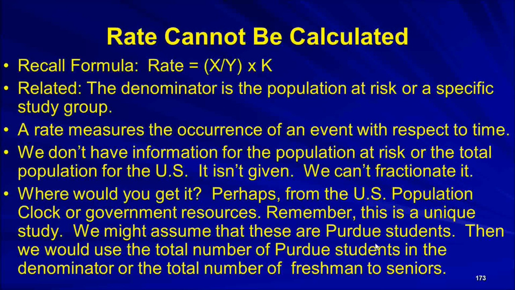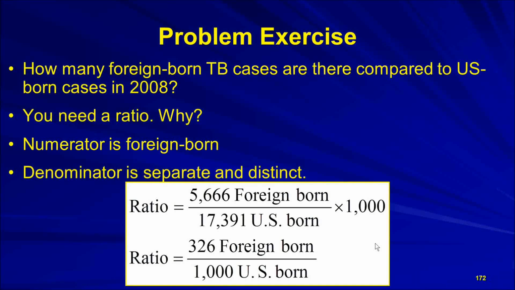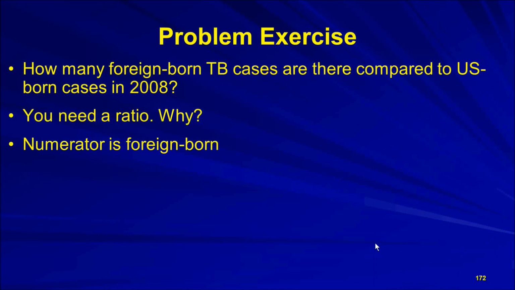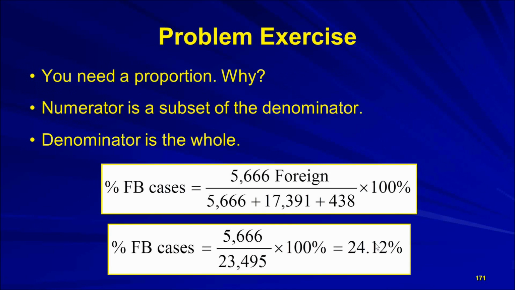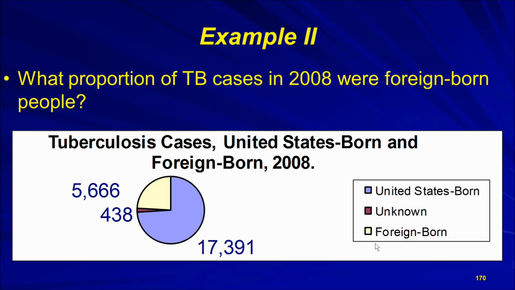So if we were looking at the total population for the U.S., we'd have a rate of, let's see, how many people did we have now? If we're looking at the number, hang on, I'll get to it. If we're looking at the number, let me go all the way back to the chart.